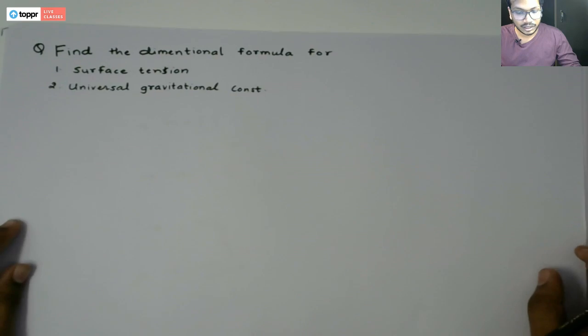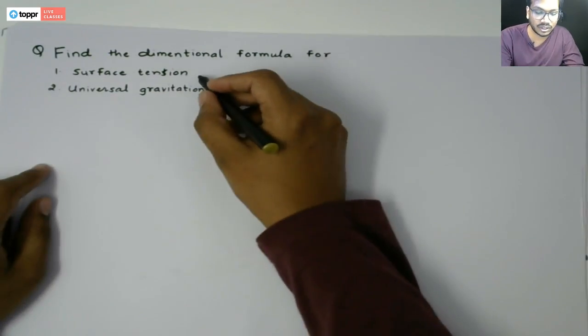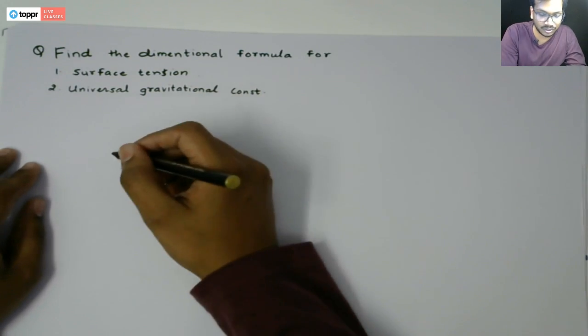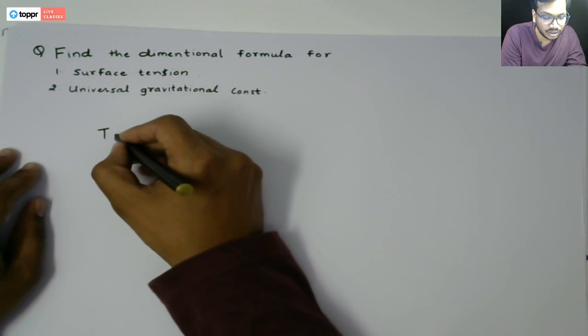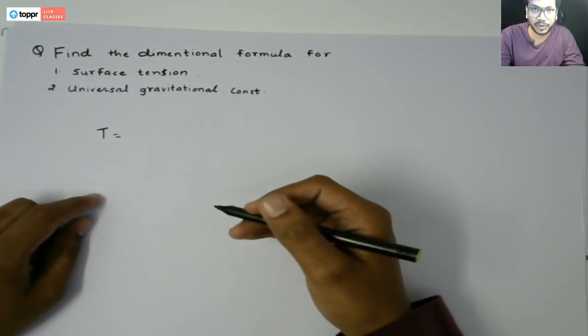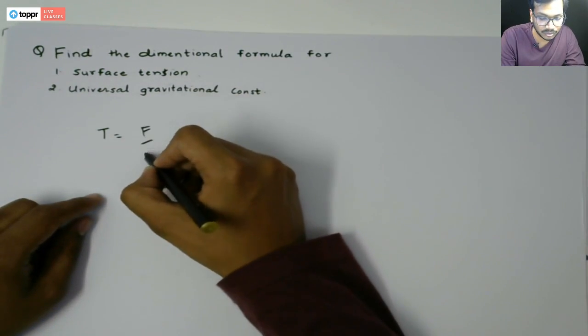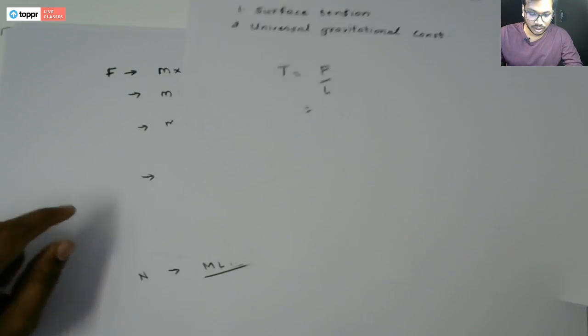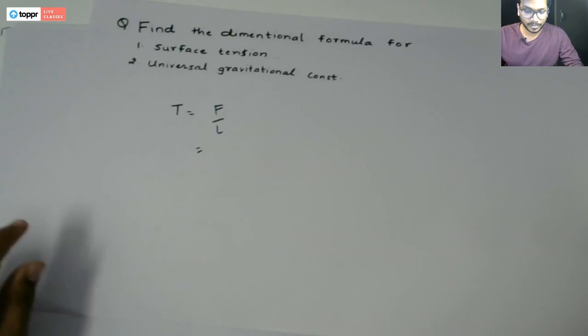So let us find the dimensional formula for surface tension. So how do you write the expression for surface tension? Surface tension T is given by the force that a surface has per length. So force upon length. We just found out the dimensional formula for force. It was M L T minus 2.